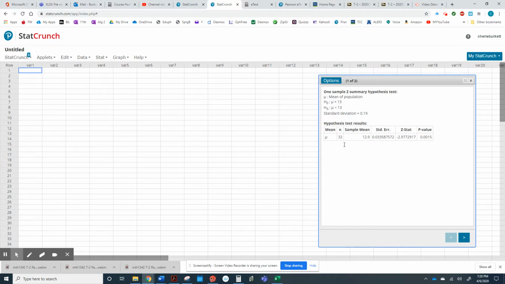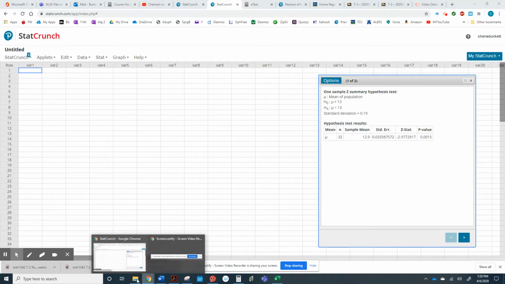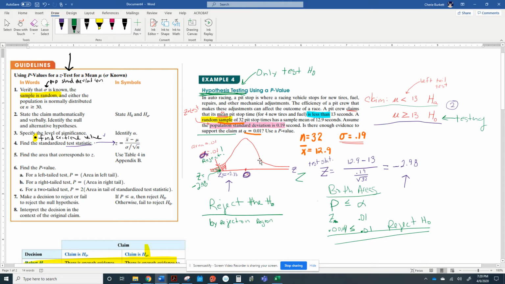So here it gives us our test statistic. Remember, this is a hypothesis test. So there's our test statistic, negative 2.98. Remember, that's what we got right here. We got that right there.